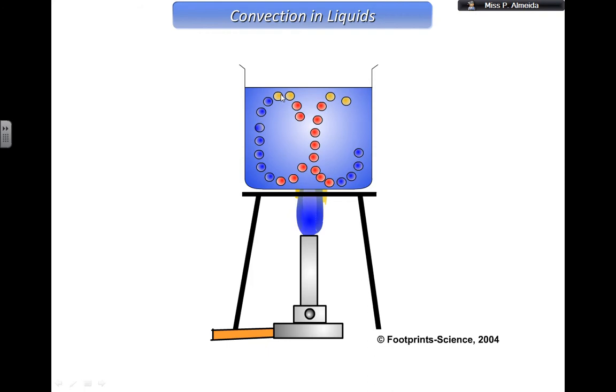If I get more dense, because I have more particles within the same space, then the particles are going to sink, because denser things go on the bottom, less dense things go on the top. So as they sink, they are near the heat source again. So the whole cycle is going to start over again, okay? So this sets up what we call a convection current.